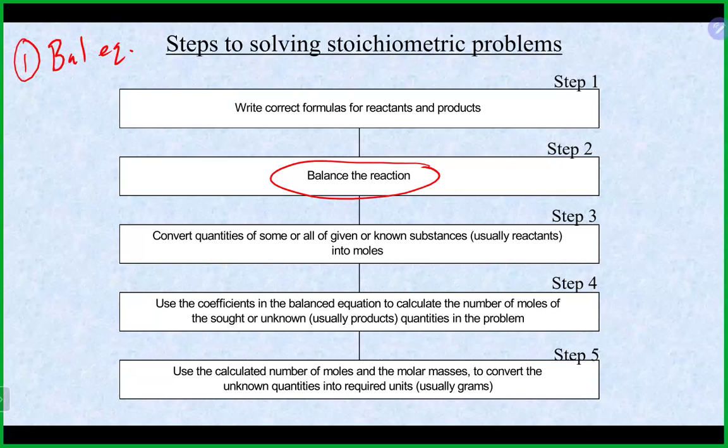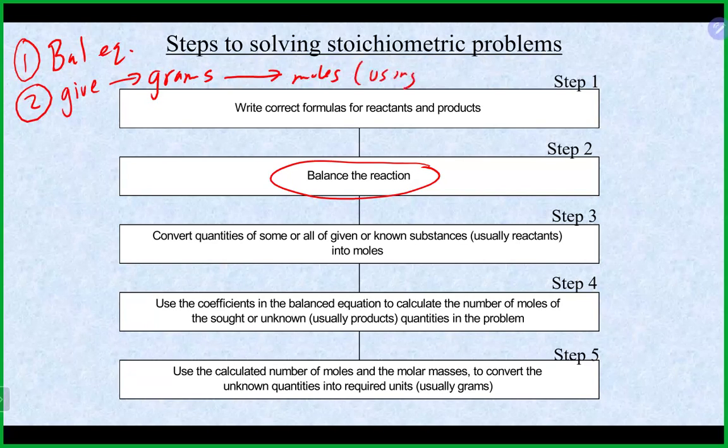The next thing that you typically want to do is take whatever they give you and get it to grams, and then go from grams to moles using the molar mass. So in a basic stoichiometry problem, they could give you some type of information in any unit that could be out there.